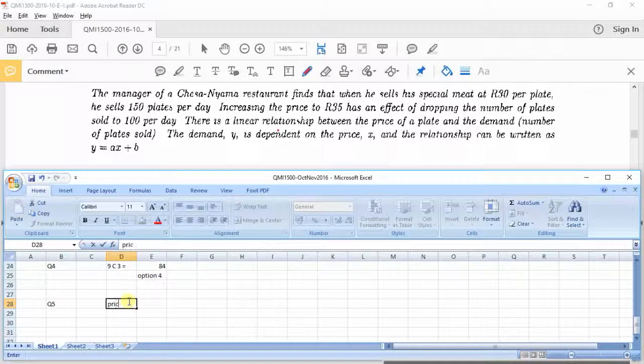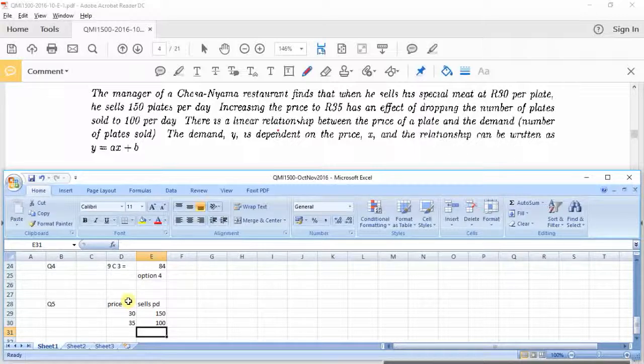So price 30, sales per day 150. Increasing the price to 35 drops the number of plates to 100. There is a linear relationship between the price of a plate and the demand.